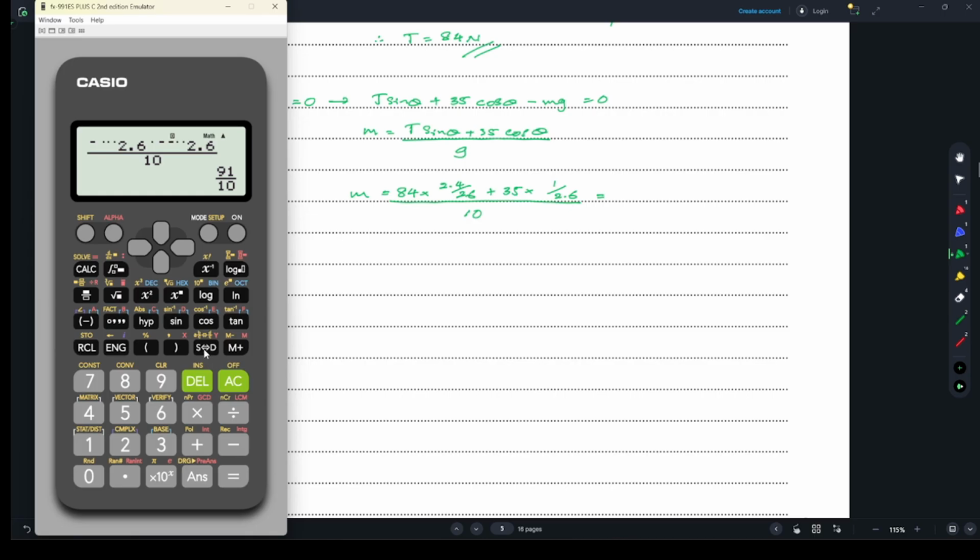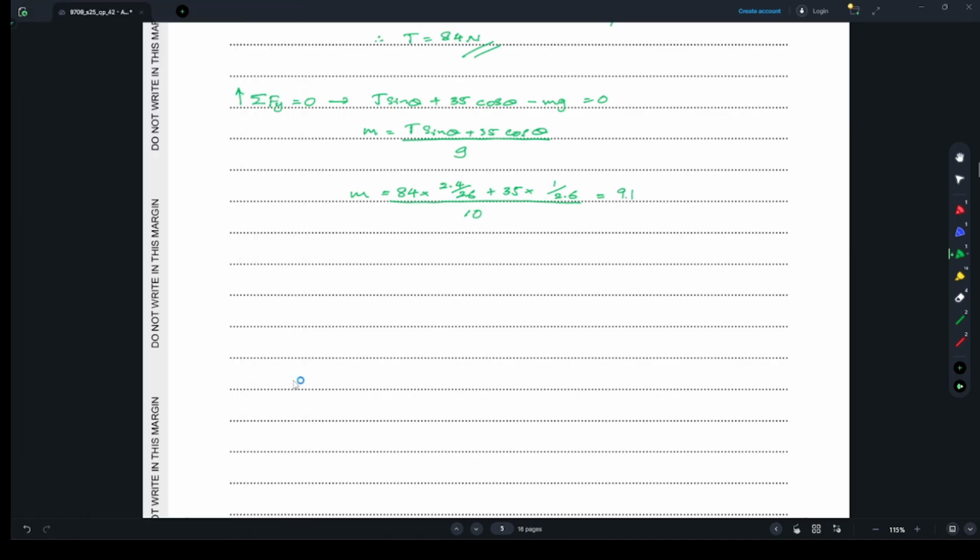So we have 9.1 divided by 10. By taking the decimals, it is 9.1 kilograms in this case. So therefore the mass is 9.1.